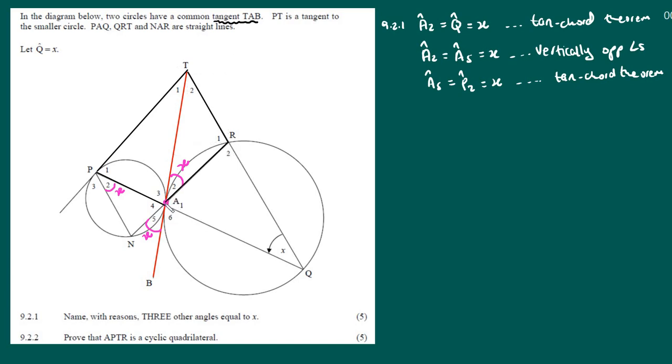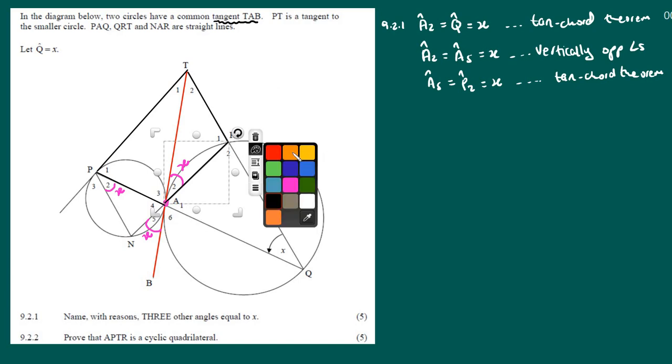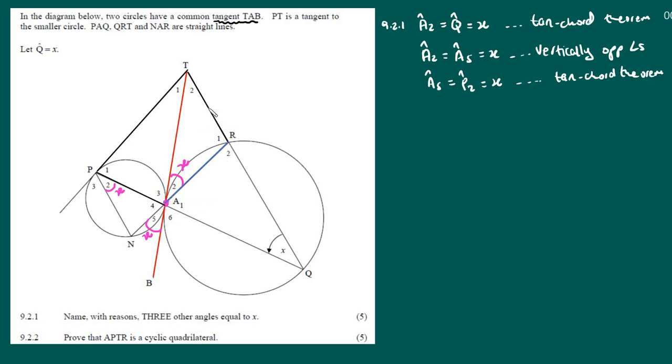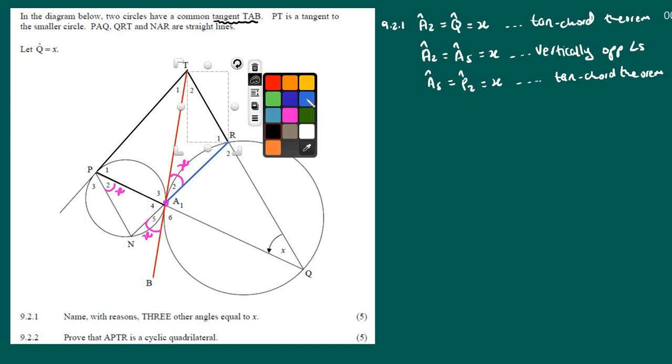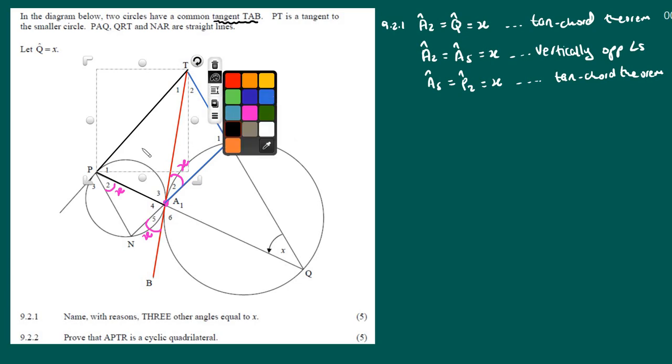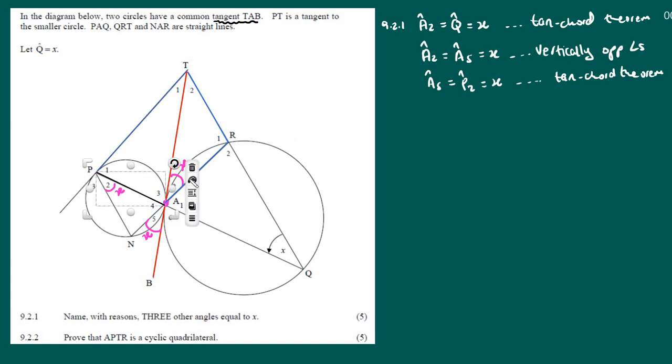We need to prove that it is a cyclic quad. We give it a what? Black, blue. So how do we prove that, guys? Okay, nice bluish color there.